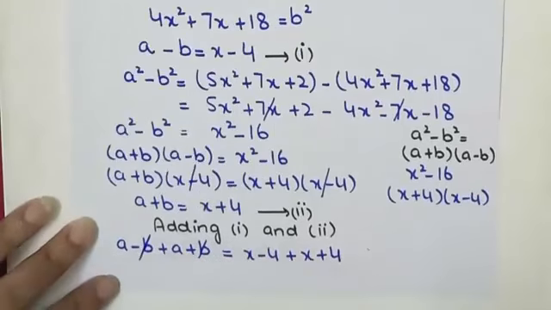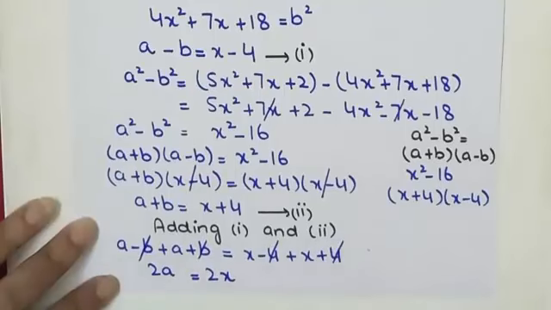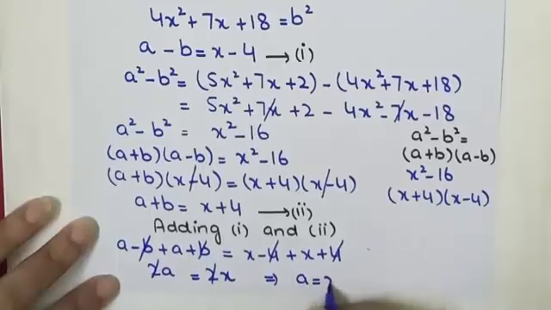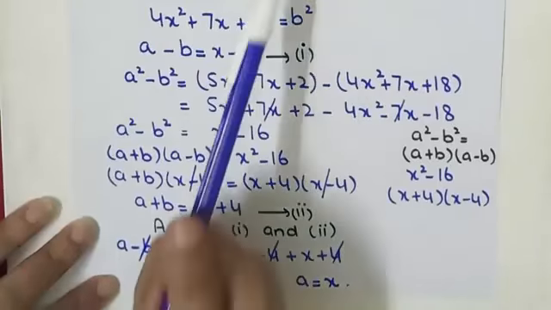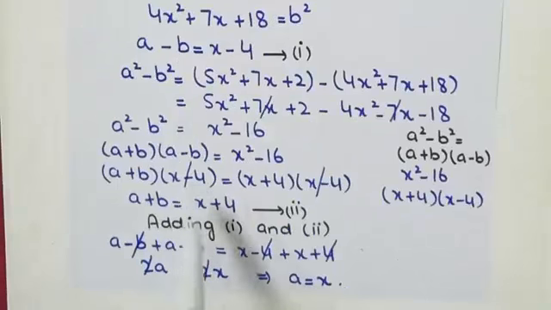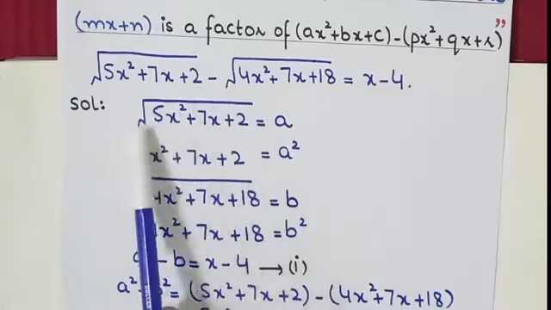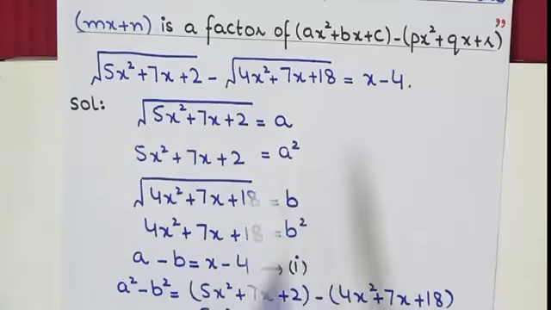So b and b cancel out, and we have 2a equal to 2x. Now 2 and 2 cancel out, and a is equal to x. We have found the value of a, the variable we assigned.